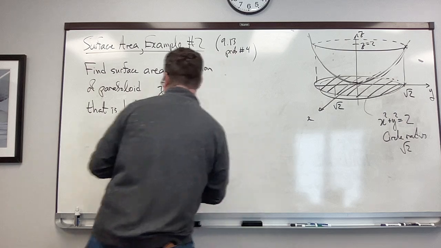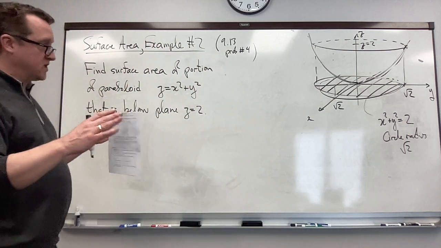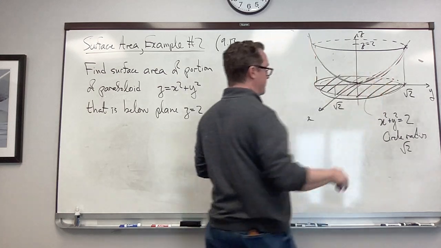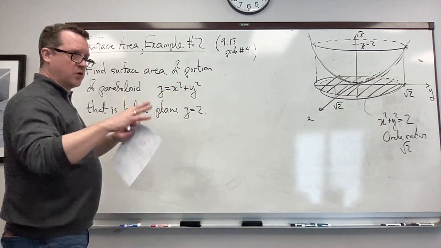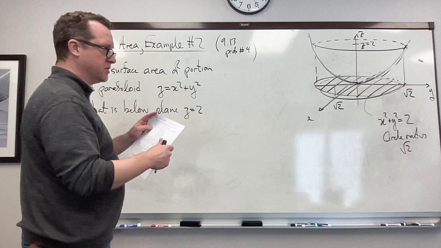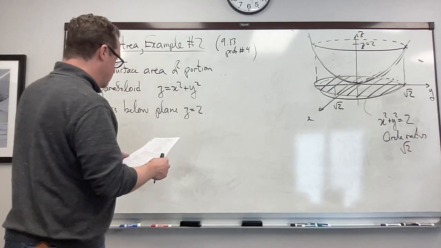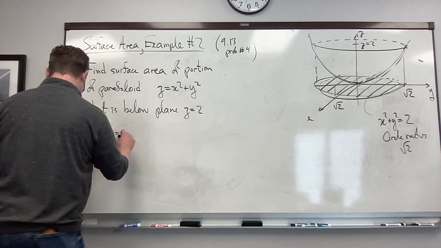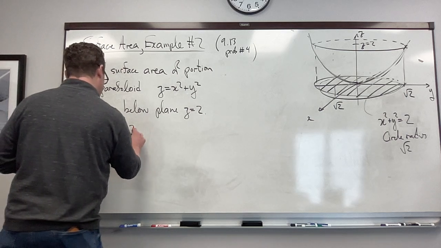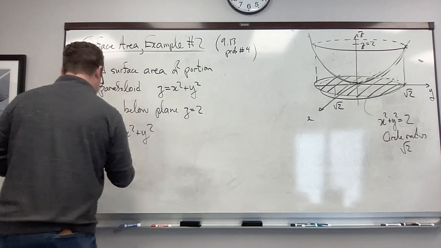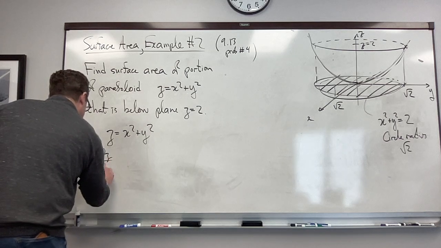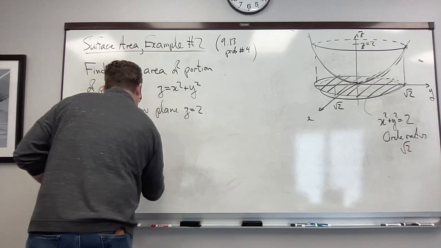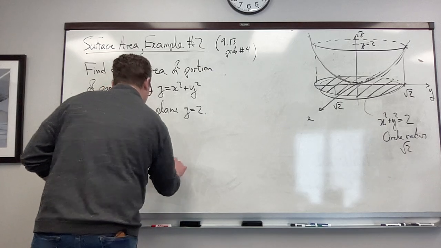So what we do is we decide, what is the surface? The surface is the bowl, and that surface is z equals x squared plus y squared. That's the height function, the surface function whose area we're trying to calculate. So I need the partial of z with respect to x, which is 2x, and the partial of z with respect to y, which is 2y.